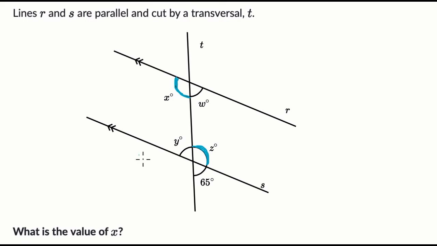And what's z? Well, this z degrees plus this other angle here, the 65 degrees, they are supplementary. Notice, when you add them together, you get all the way around, you go all the way around, that is 180 degrees.